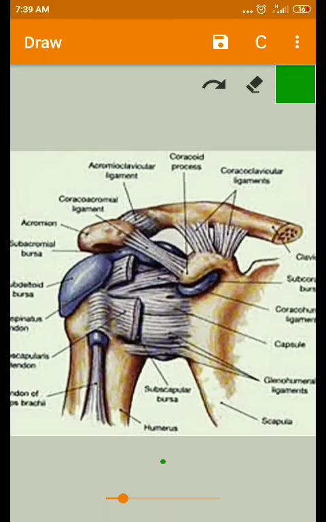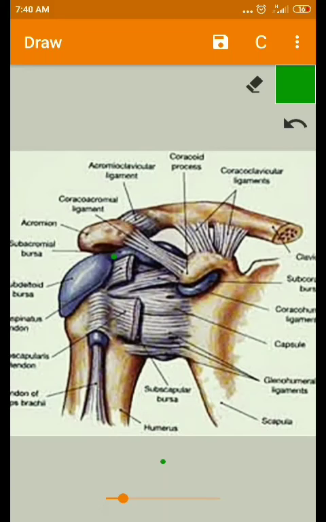This bursa reduces friction to permit smooth gliding between the humerus and the supraspinatus tendon, and it acts as a secondary socket to allow the lateral rotation of the humerus during overhead elevation of the arm.